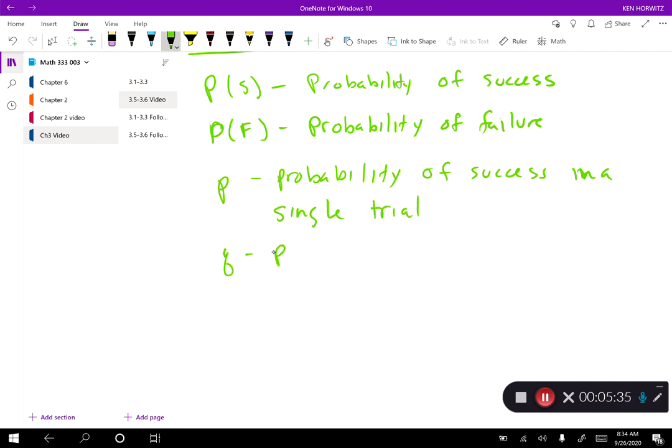Q is probability of failure in a single trial.